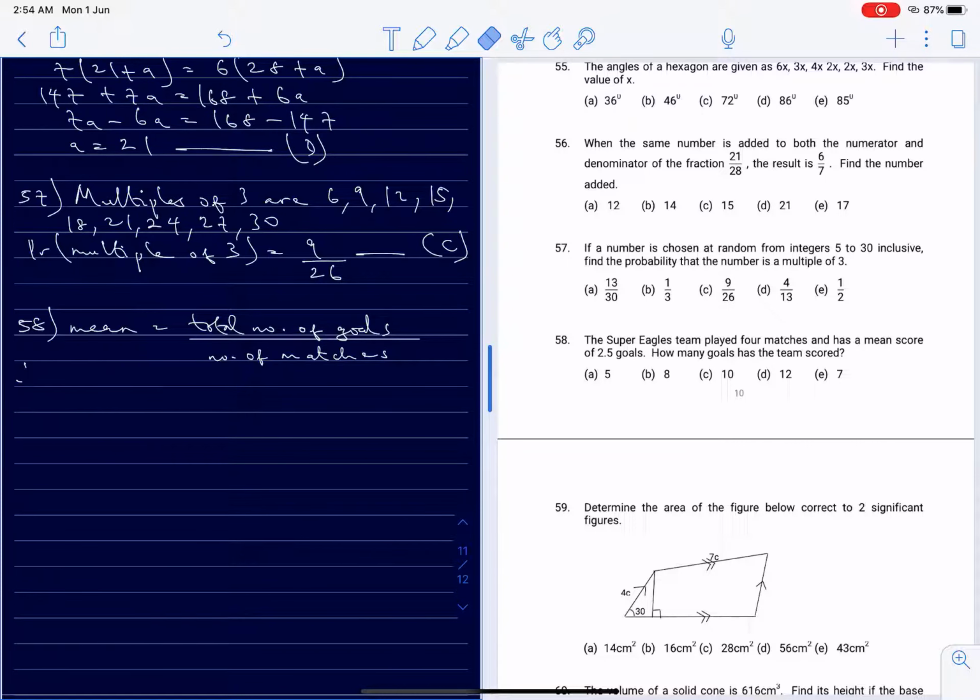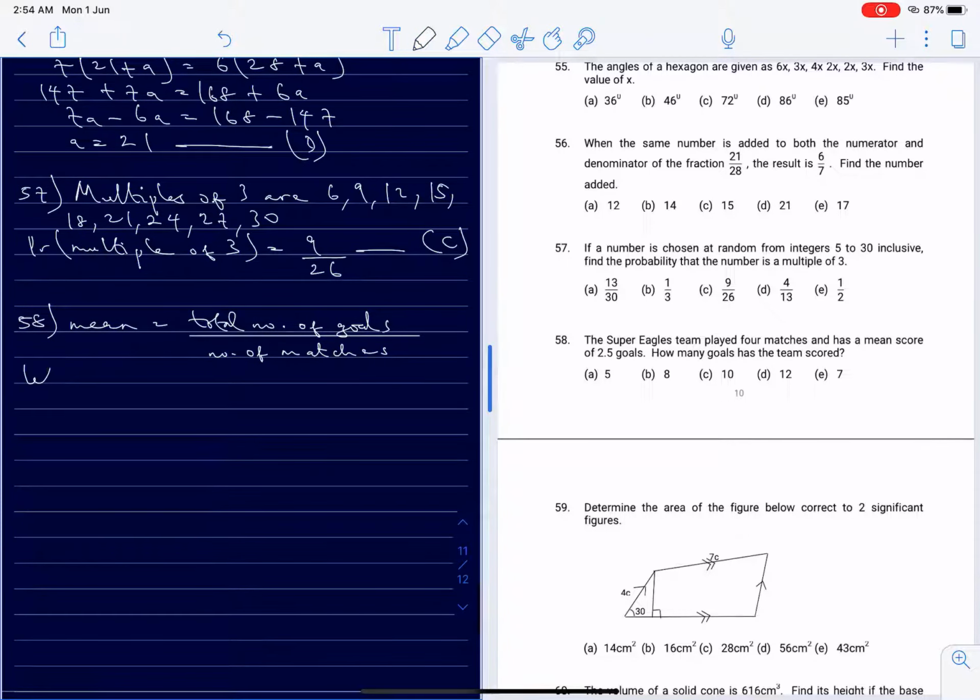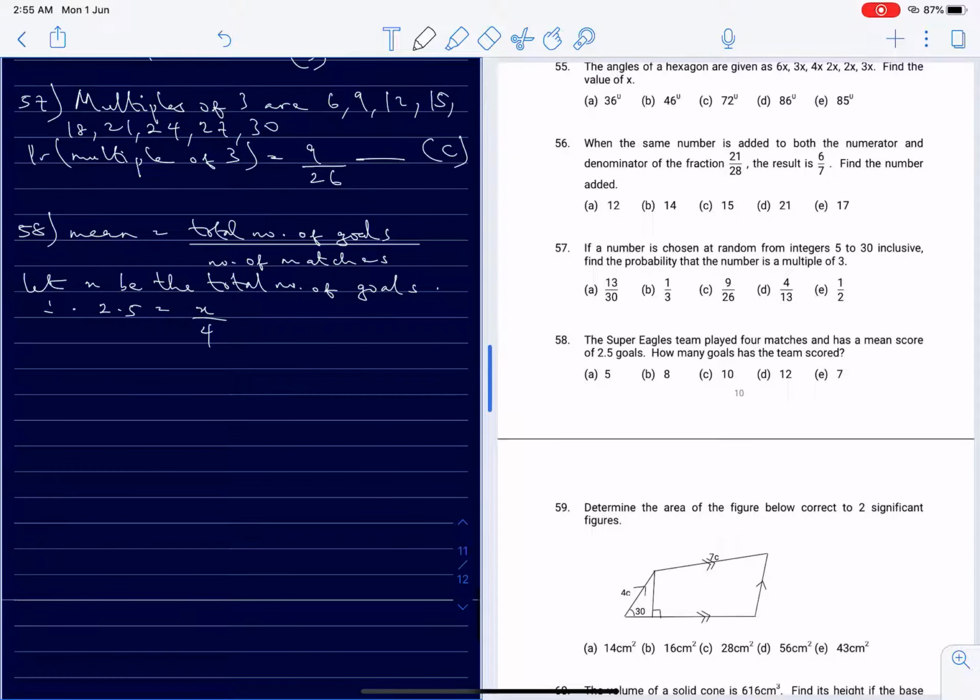Let X be the total number of goals. That means 2.5 is equal to X over 4, since the team played 4 matches. And now we cross multiply.